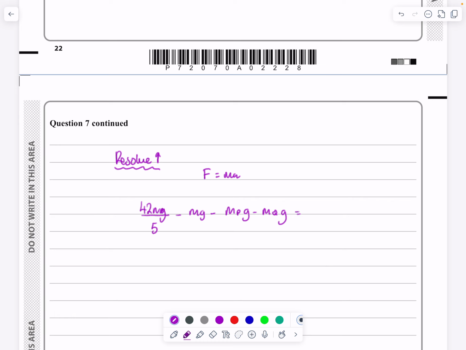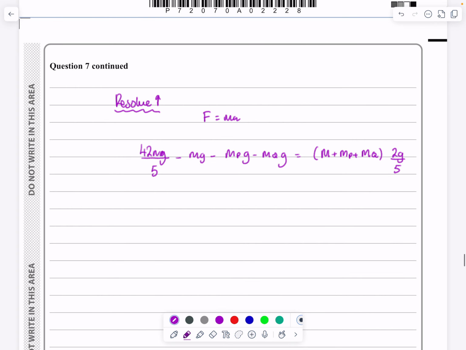That's all equal to mass times acceleration, and the mass is m plus mp plus mq, multiplied by 2g/5.